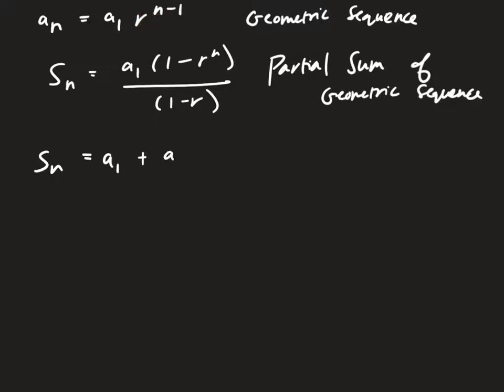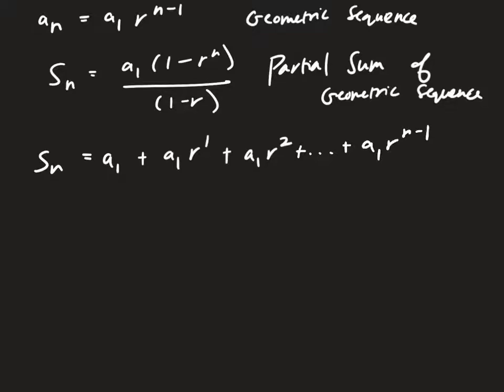So this is a sub 1 times r to the first power. And then my third term would be a sub 1 times r to the second power, because 3 minus 1 as my exponent is just 2. And I would just keep going until I get to my nth term, which I would write as a sub 1 times r to the n minus 1.